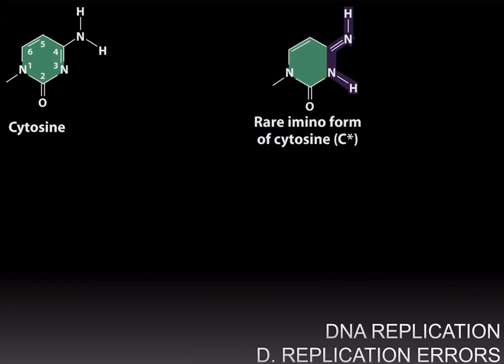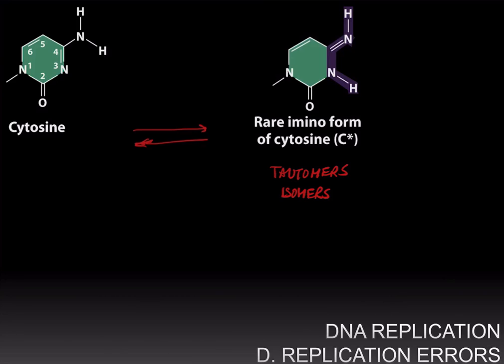The nitrogenous bases have tautomers or isomers, in which the hydrogen atoms or protons have been moved around, and the nitrogenous bases can readily interconvert between the normal forms and the tautomers.